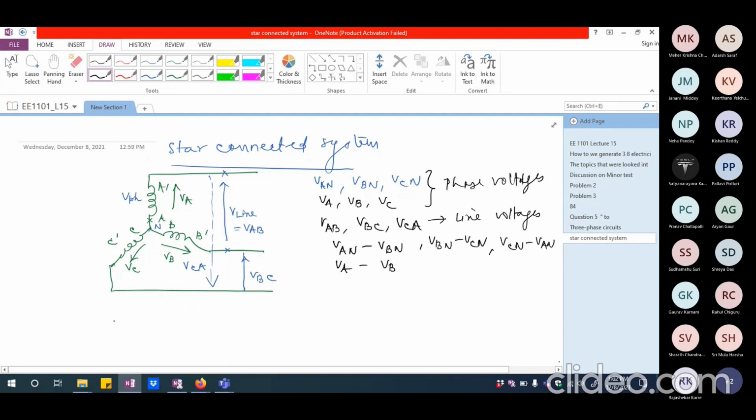So if I am looking at, let us say, Vm sine omega t minus Vm sine (omega t minus 120), this is going to be VAB. So I should first of all draw the vector diagram also, because I want to show both the vector diagram as well as the calculation.